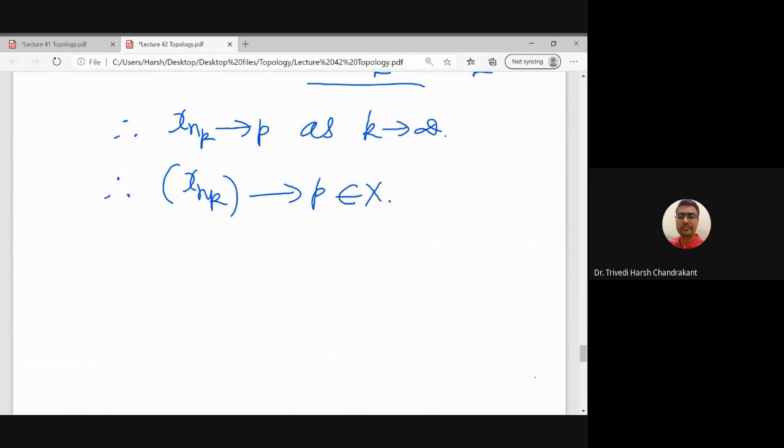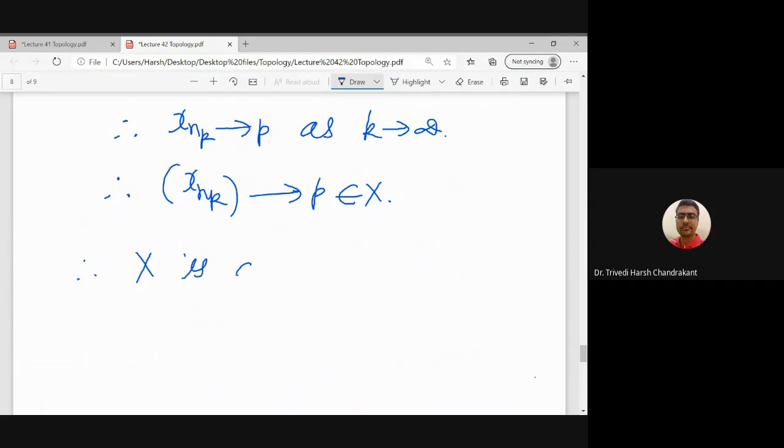So we started with the sequence x_n, and we proved that this particular sequence has a convergent subsequence x_{n_k} which converges to a point p in X. So therefore X is a sequentially compact space.